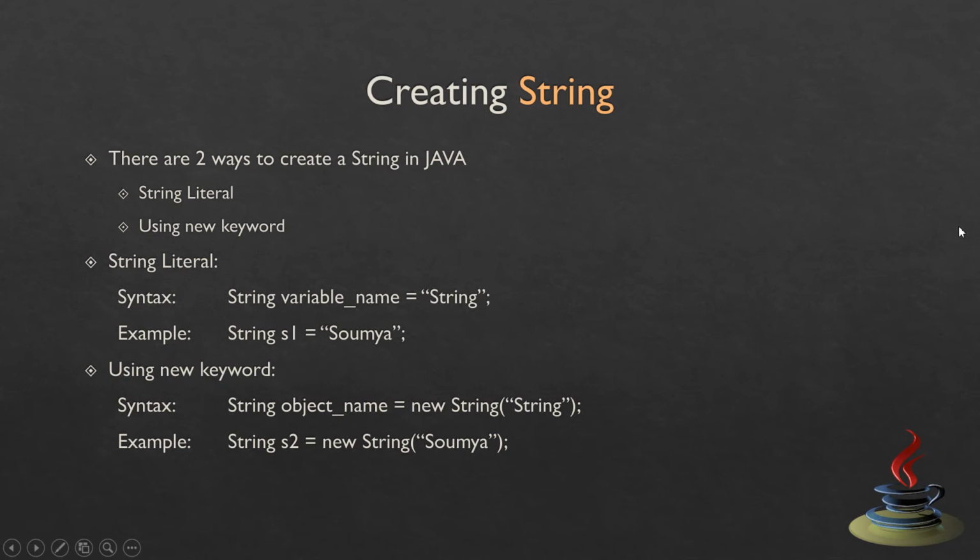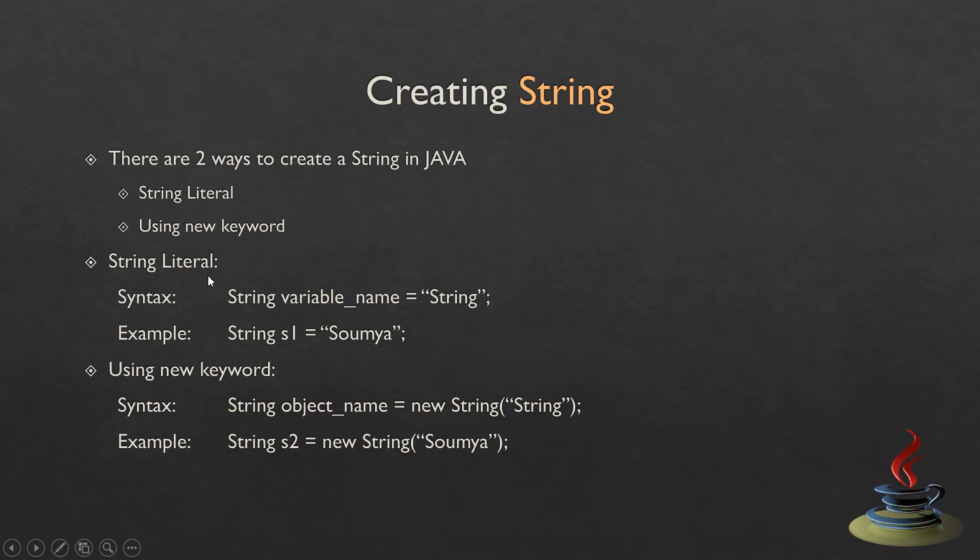Now we have to create a string. So how do you create a string? There are two ways to create a string in Java. One is using a string literal, another one is using the new keyword. Already we discussed the string literal. Just go for the quick syntax and example.